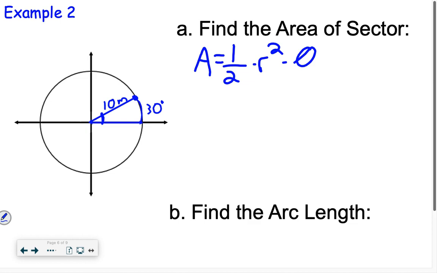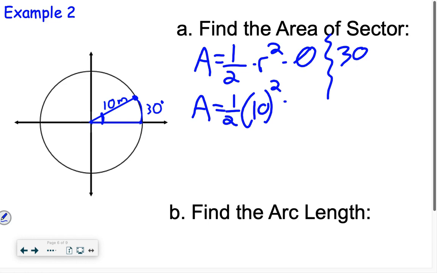So the only thing we need to fill out is your r squared, which is 10. So you have 10 squared times theta. Well, we don't plug in 30. That's a big no-no. So we have to convert 30 off to the side into radians. So you're going to do pi over 180.